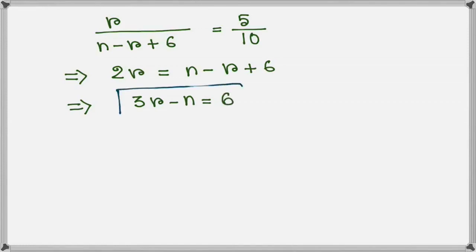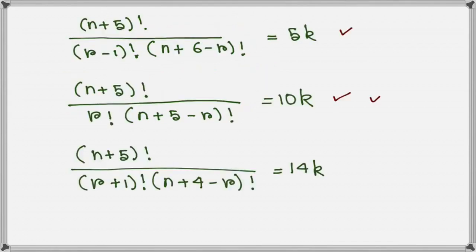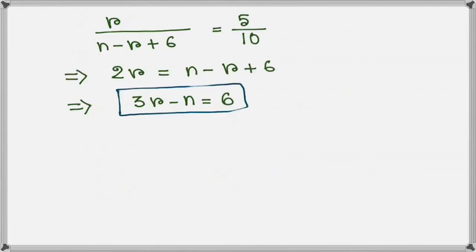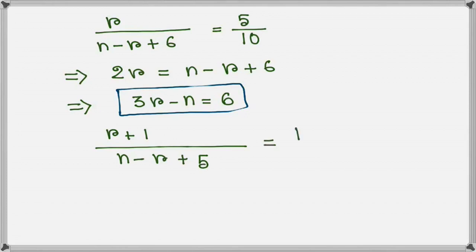So let us have this equation. Next we divide this equation by this equation. We get (r plus 1) divided by (n minus r plus 5) is equal to 10 by 14.